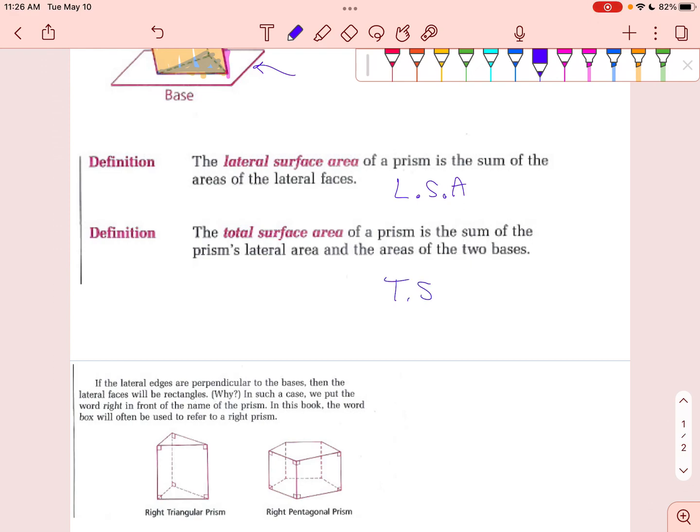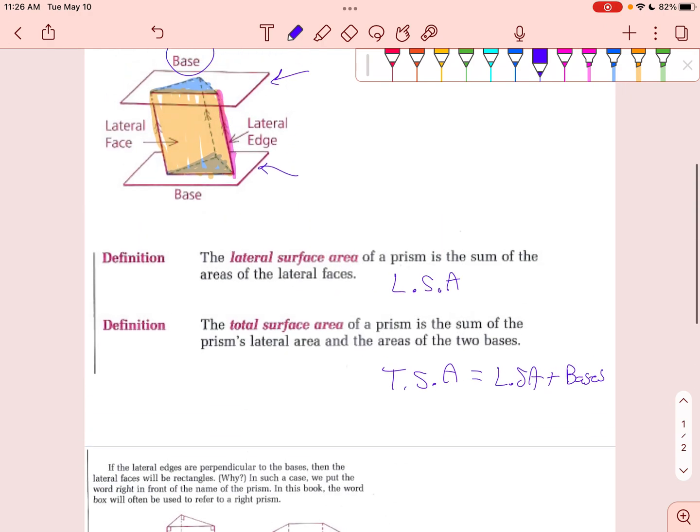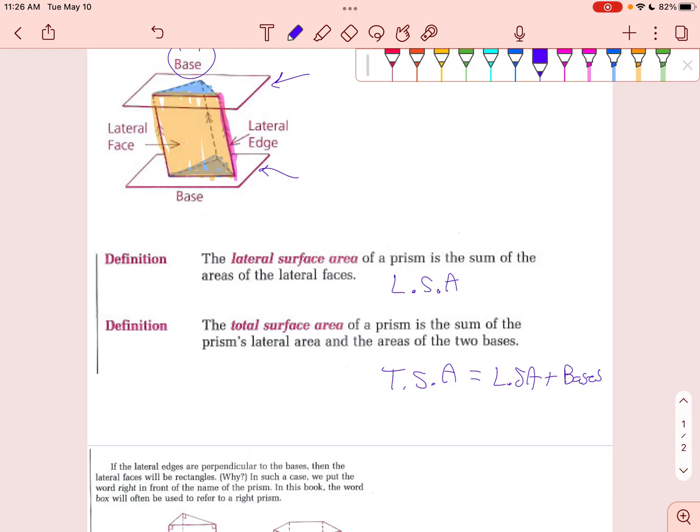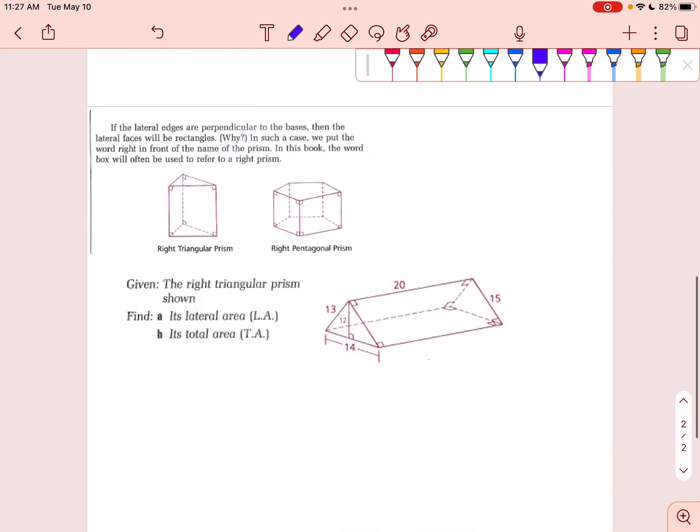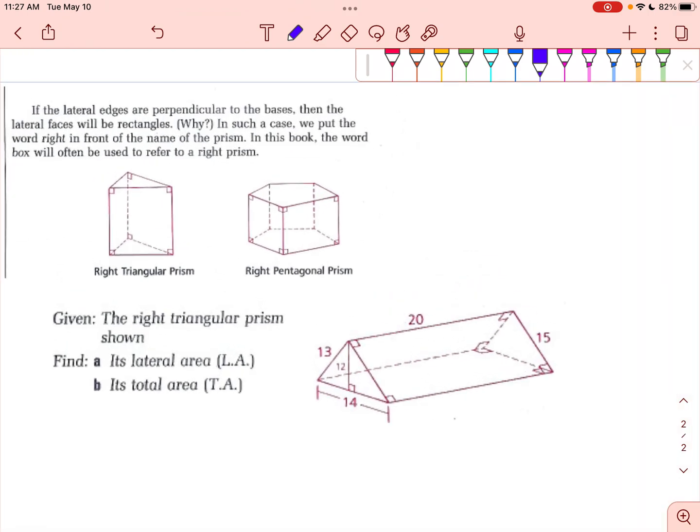Or you can find the total surface area, which is essentially just the lateral surface area plus the two bases. Okay, so again, your lateral surface area, which is made up of the rectangles, or the total surface area, which includes those two bases. Okay, so we are going to try this.